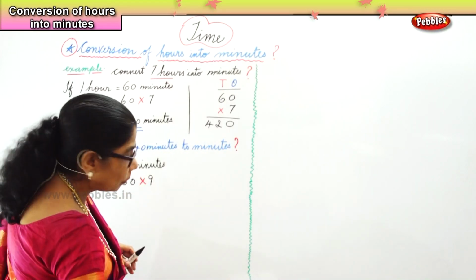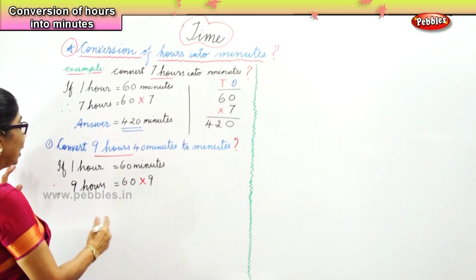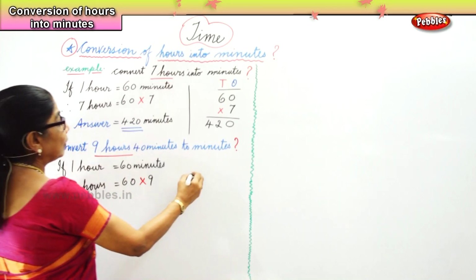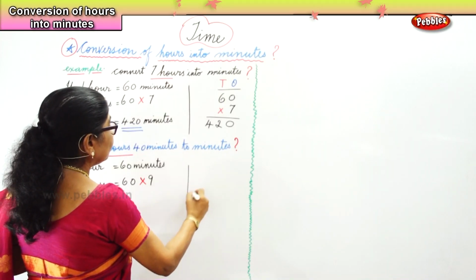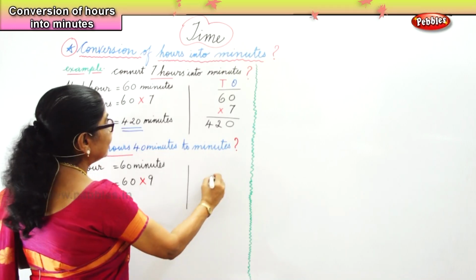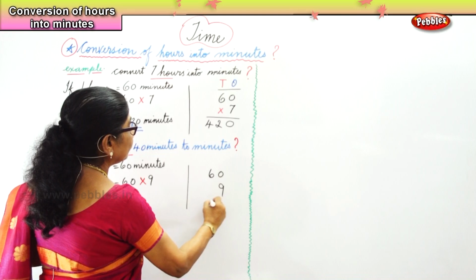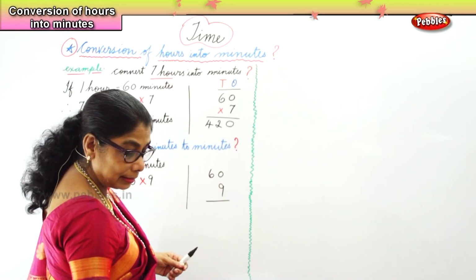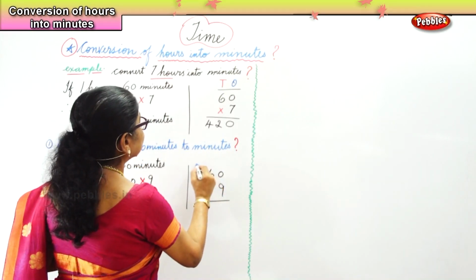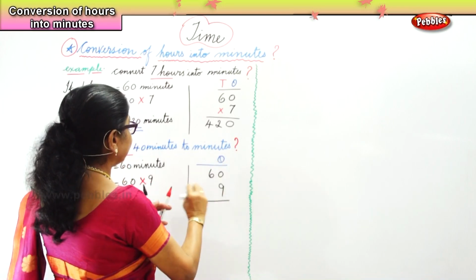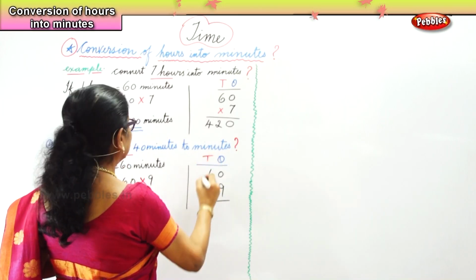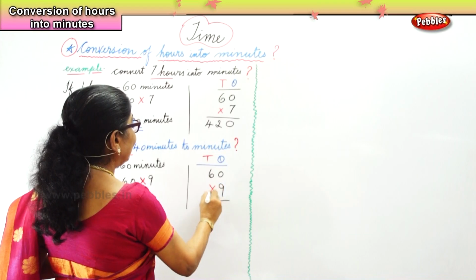So you get 60 into 9, and let us have the margin here. You write ones and tens. And then you multiply.